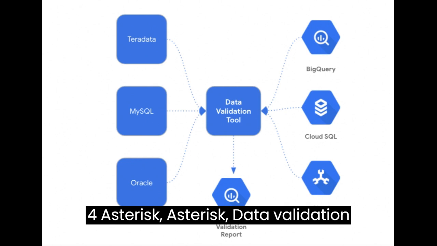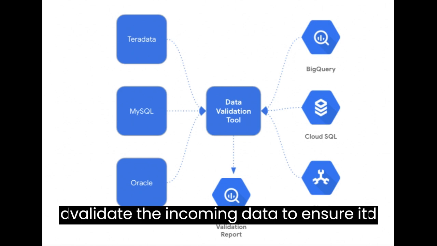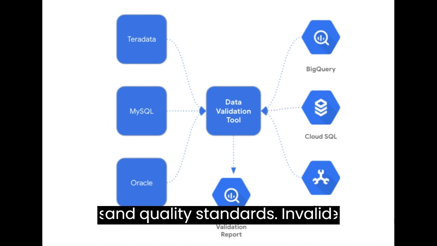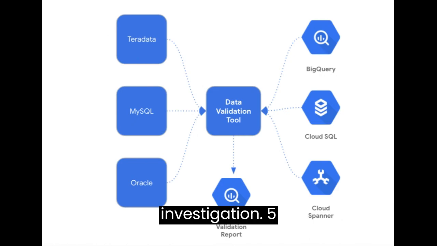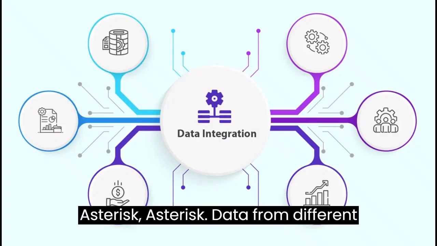4. Data validation. It's essential to validate the incoming data to ensure it adheres to the expected format, schema, and quality standards. Invalid data may be rejected or logged for further investigation. 5. Data integration.